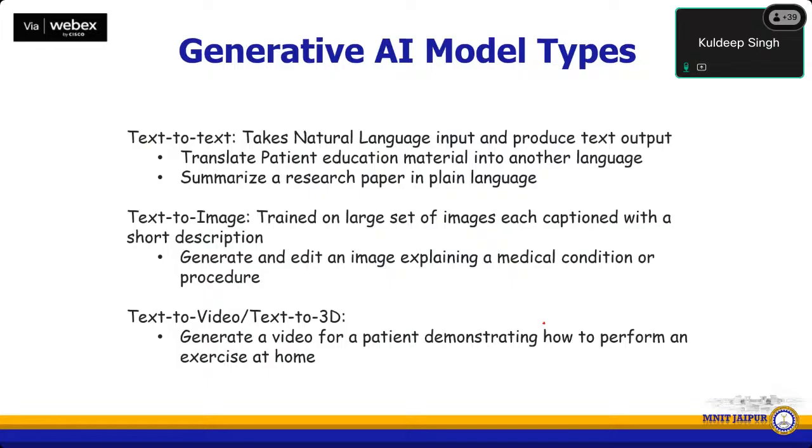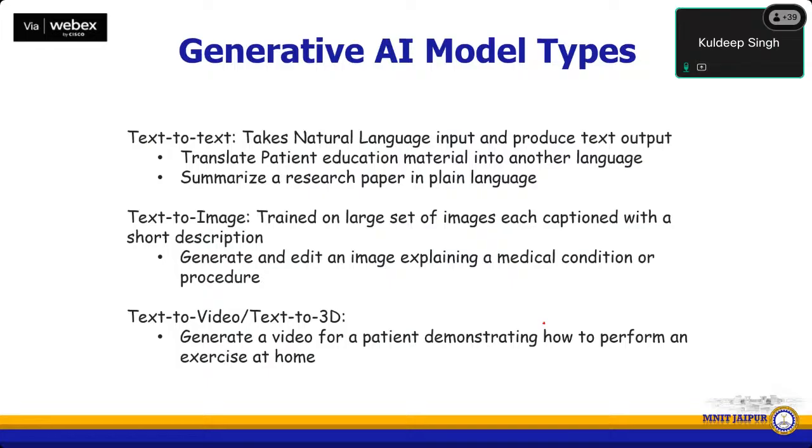Or with the help of these text to text generative AI models, we can summarize a medical domain research paper into plain language. We can generate a summary of the research paper.